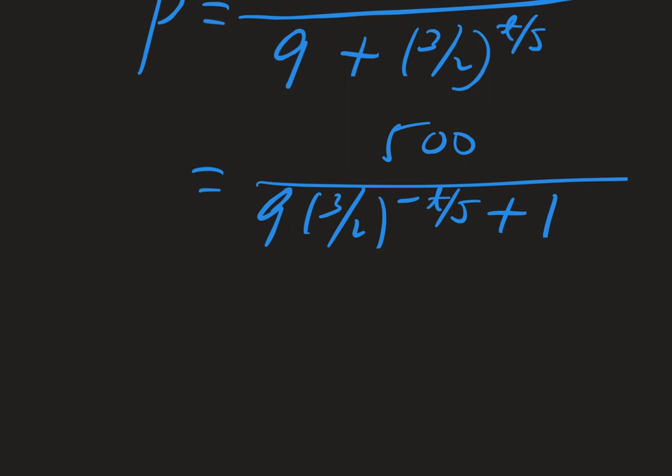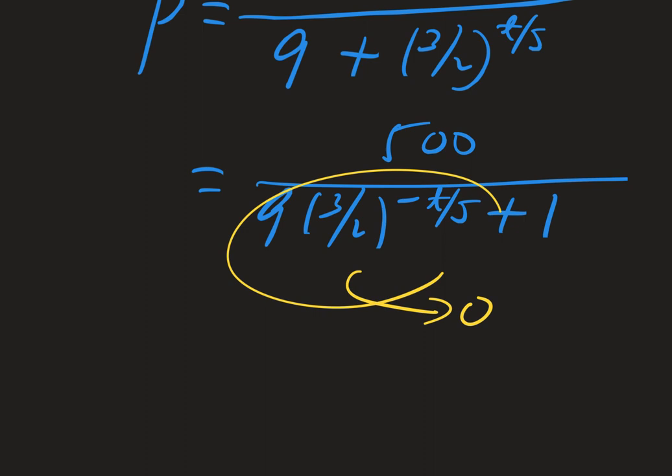Then they ask you, using the refined model, state the population of this species. This is question C already. In the previous expression, when t goes to infinity, this term is going to become 0. So it is 500, right? Because as t goes to infinity this becomes 0, right?